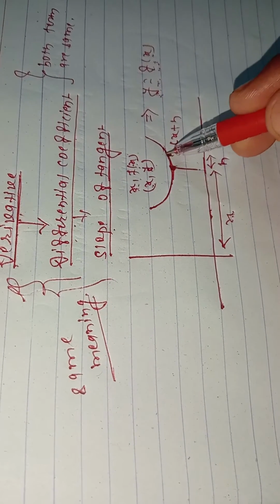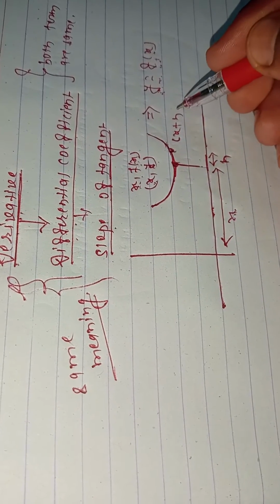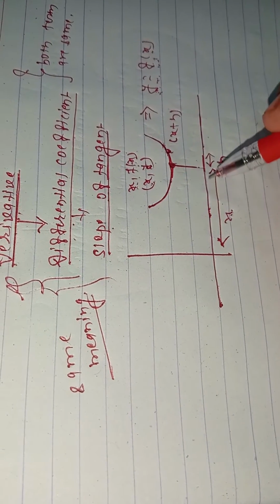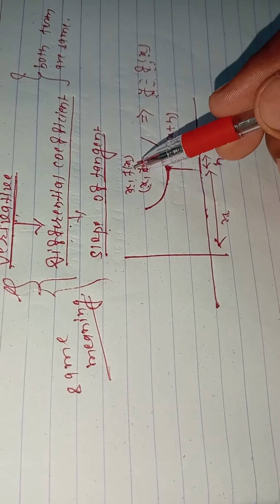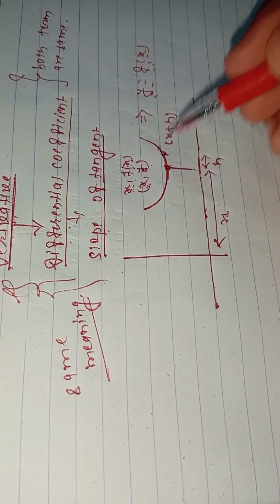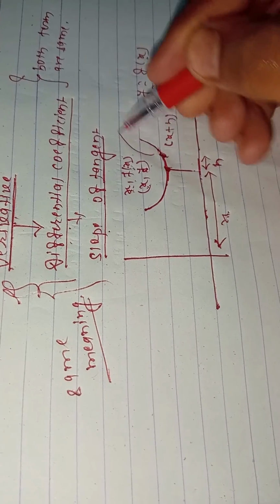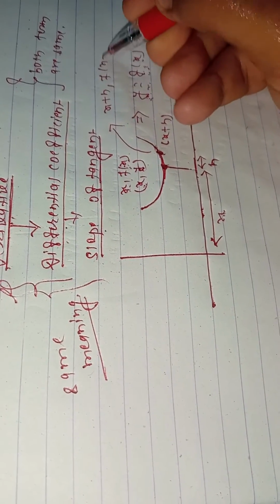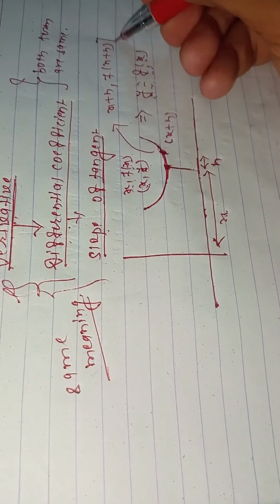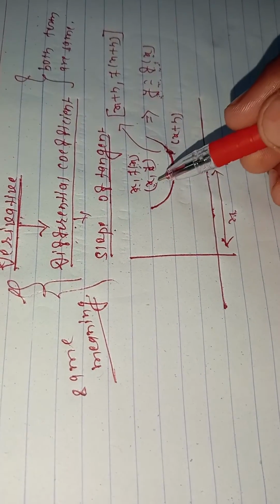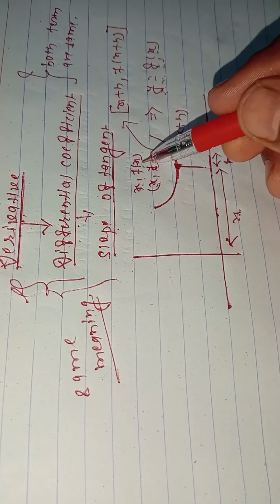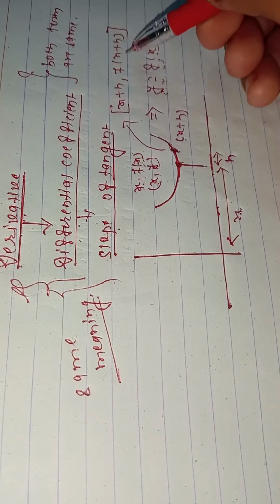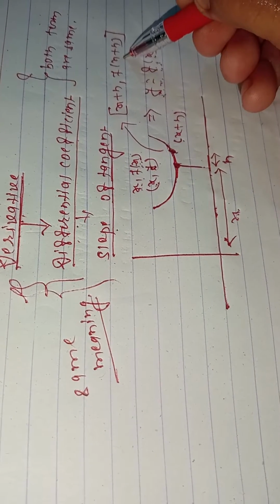If this is (x, f(x)), then this point is (x plus h, f(x plus h)), because if I take x, it becomes f(x), and if I take x plus h, it becomes f(x plus h).